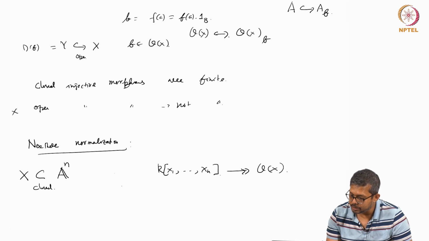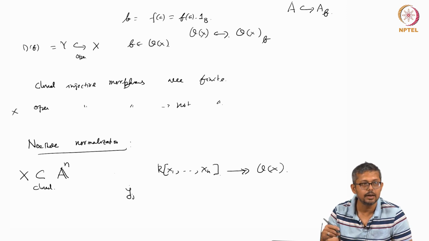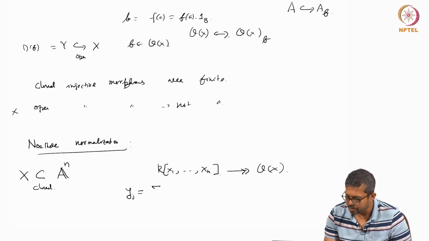So you did some change of coordinates. You wrote there are linearly independent subsets. So transcendence degree is okay. I'll write that summation. So you write y_j as summation a_ij x_i, i equal to 1 to n.